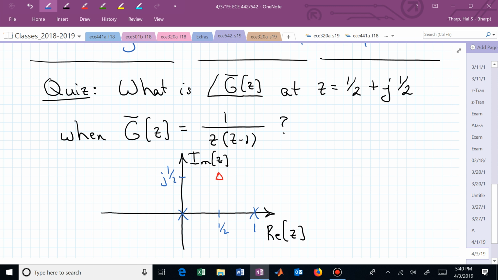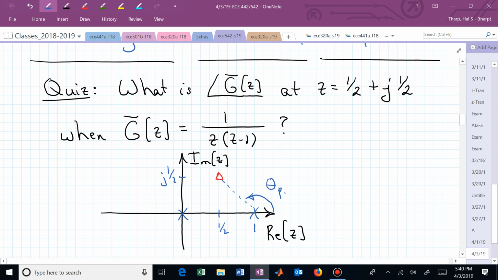One is going to be a fixed arm, the reference, and the other is a movable arm that measures the angle. If I wanted to know the angle contributed by the pole at z equal to 1 to get me to that triangle, I would just have to turn however far that is, and there's the angle associated with that.